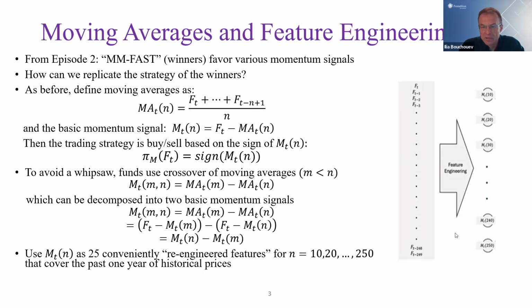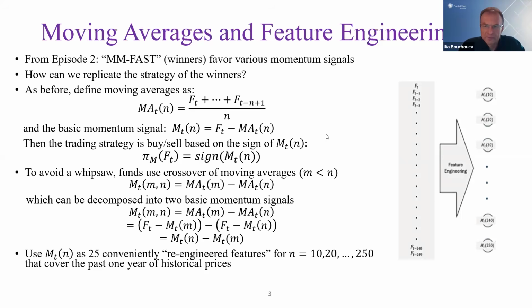10-day, 20-day, 30-day, 40-day, all the way up to 250-day moving averages. So basically, we shrink the entire daily prices into 25 what we call features. We effectively re-engineered features because we don't want to work with all 250. It's way too many.